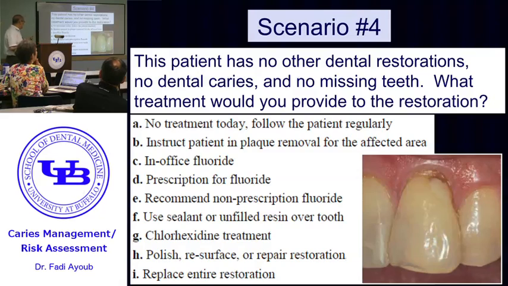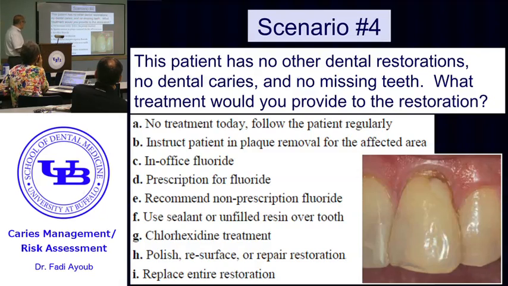Okay, scenario 4. We have an existing restoration and some kind of stain going on in there. I'm not sure you guys can see it really well. That's kind of the distal half of that cervical restoration. So this patient has no other dental restorations, no dental caries and no missing teeth.